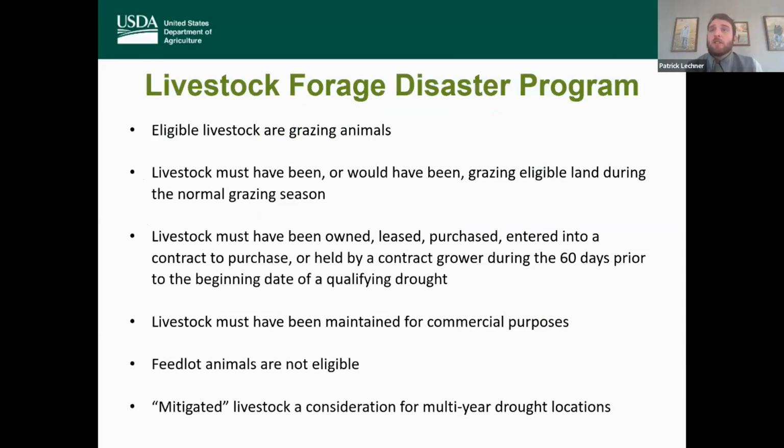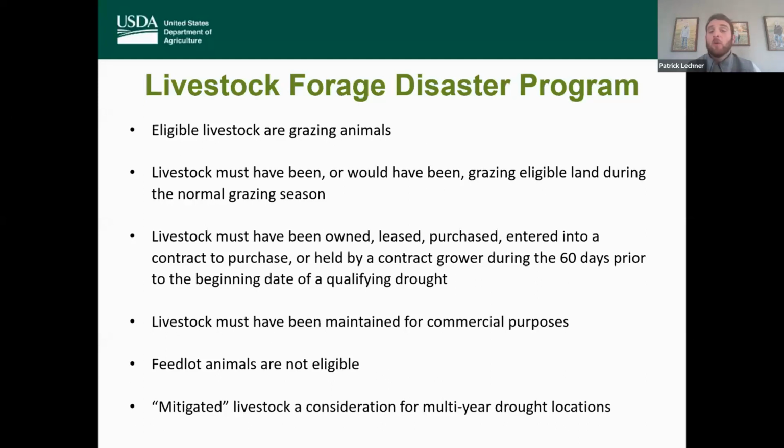A few other notes on LFP as far as eligibility. Those eligible livestock that we're looking at have to be grazing animals. Those livestock must have been or would have been grazing eligible grazing lands during the normal grazing season. So there would have had to at least been an intent to put those eligible livestock on grazing lands.